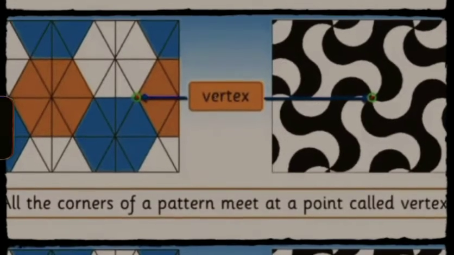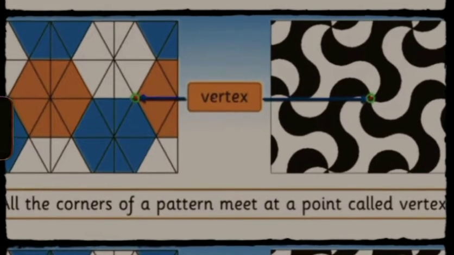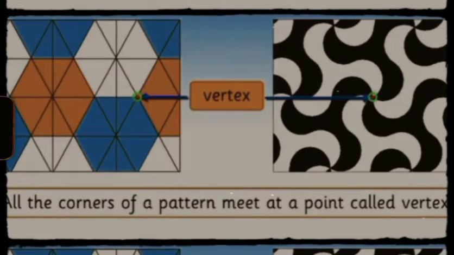We can differentiate or we can form shapes because they are arranged in a special manner to get a pattern, and every corner of a pattern meets at a point that is called a vertex.